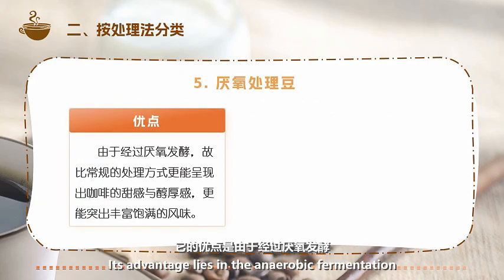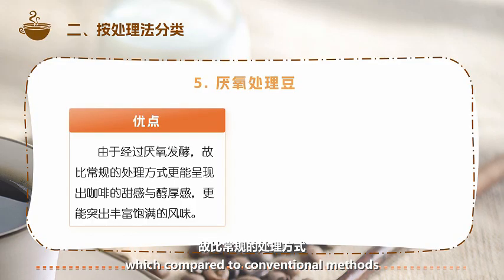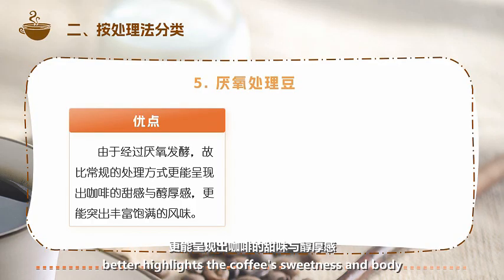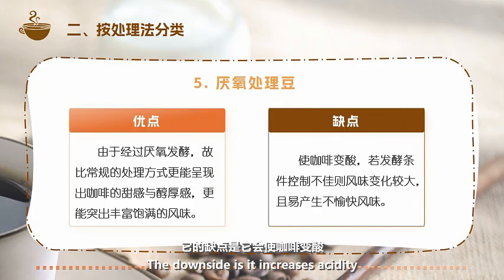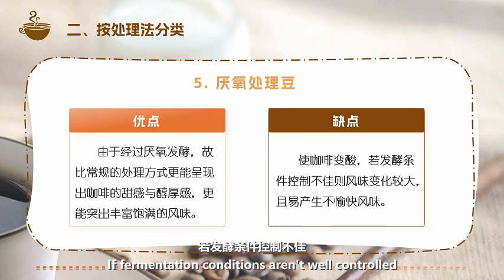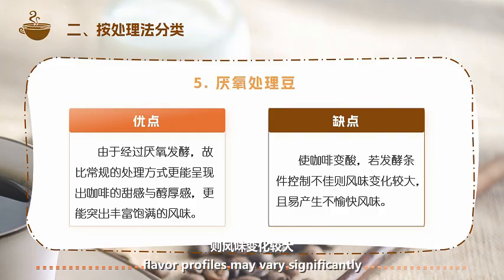Its advantage lies in the anaerobic fermentation, which compared to conventional methods, better highlights the coffee's sweetness and body, accentuating richer, fuller flavors. The downside is it increases acidity. If fermentation conditions aren't well controlled, flavor profiles may vary significantly, potentially developing unpleasant tastes.